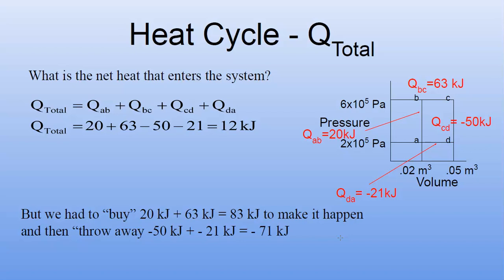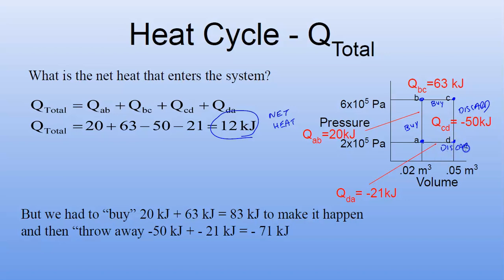So right here we found all those heats, what it was going to cost us. And an interesting thing happens here. When I start at A and add 20 to get to B, and then I add 63, these are the numbers we found a minute ago, and then subtract 50 and subtract 21, the net heat is 12 kilojoules, the same as the amount of work that we got out of this. Unfortunately, we had to buy heat here and here, and we had to discard, throw away heat here and here.